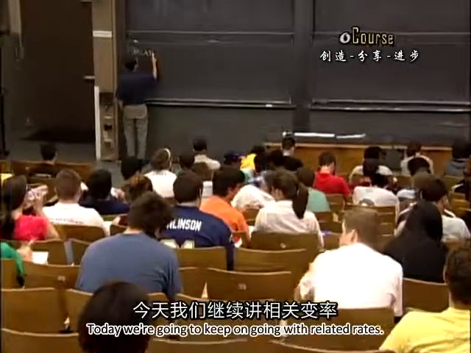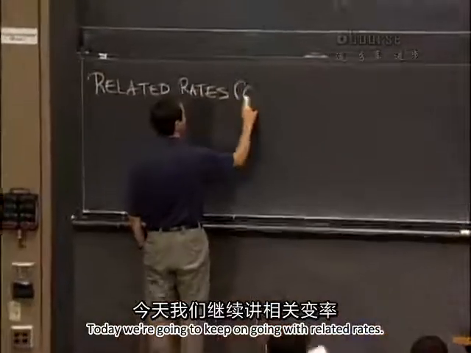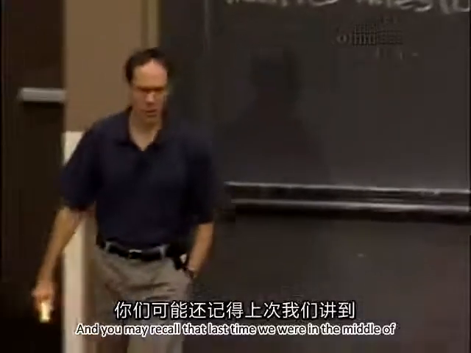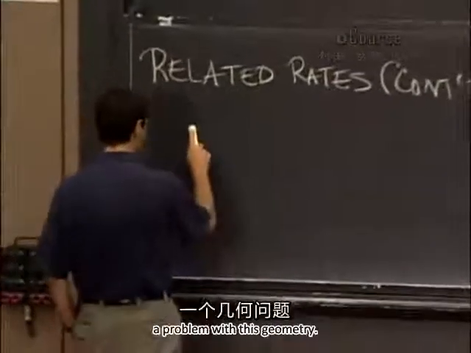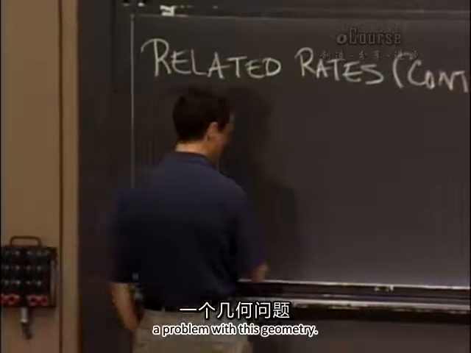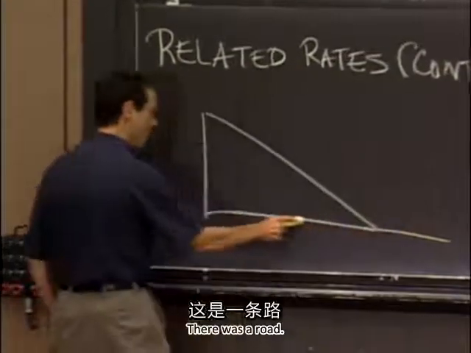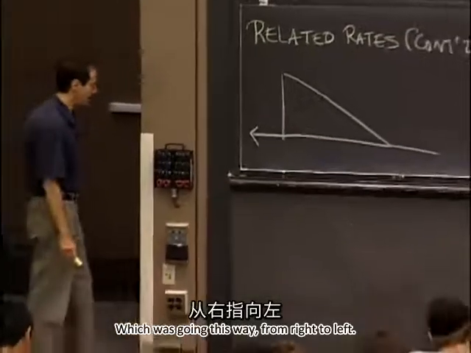Today, we're going to keep on going with related rates. And you may recall that last time we were in the middle of a problem with this geometry. There was a right triangle, and there was a road, which was going this way from right to left.